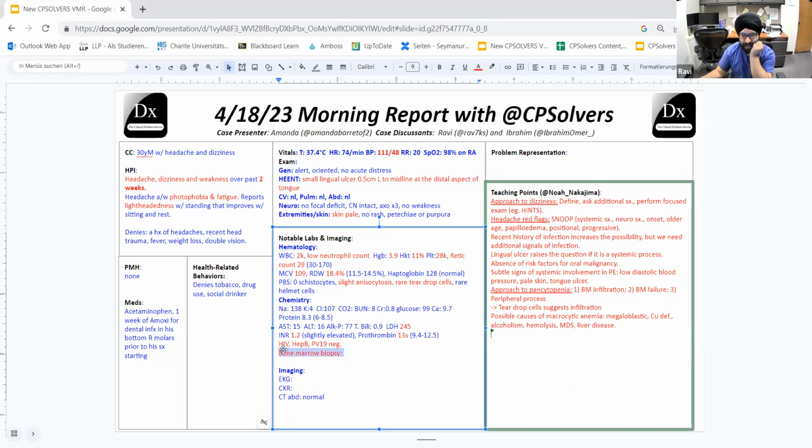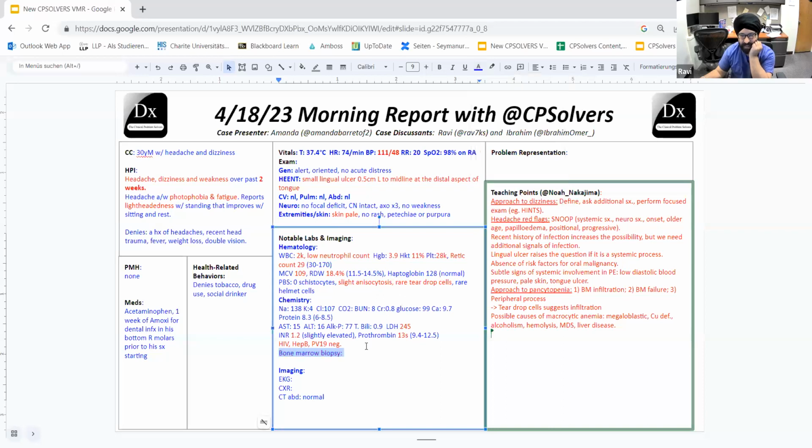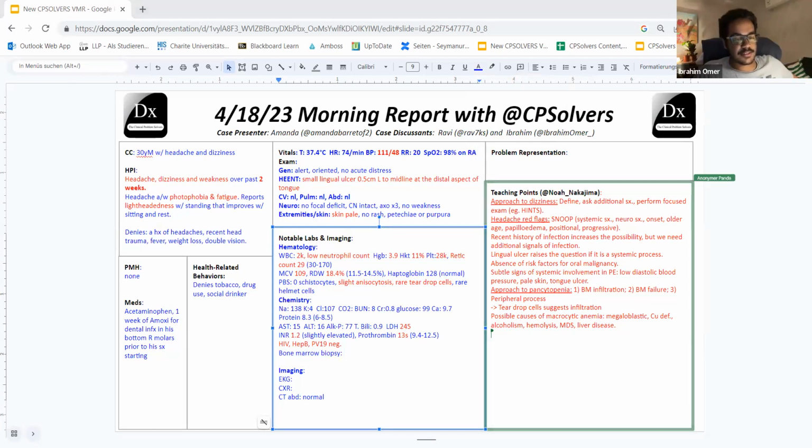So yeah, we had to go through the conventional testing, HIV, hepatitis, and so on. Now, any thoughts of a diagnosis before we reveal it? I think the bone marrow biopsy is going to be key. Right. So at this point, I'm thinking malignancy, myelofibrosis, myelodysplastic syndrome in particular, but then meds as well.